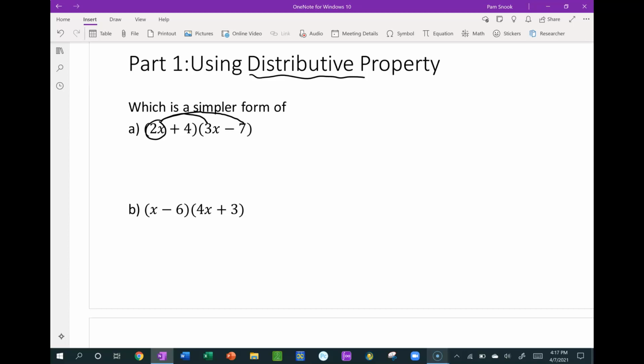And here's what I'm going to add on. I'm going to distribute my second term next. The 4 to the 3x and the 4 to the 7. So when you distribute, just distribute each term.